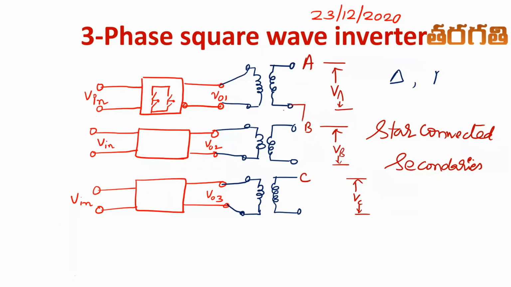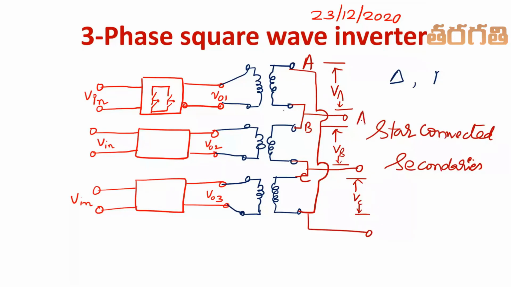So the endpoint of the first winding is connected to the starting point of the second winding, and the endpoint of the second winding is connected to the starting point of the third winding, and this point is connected like this.